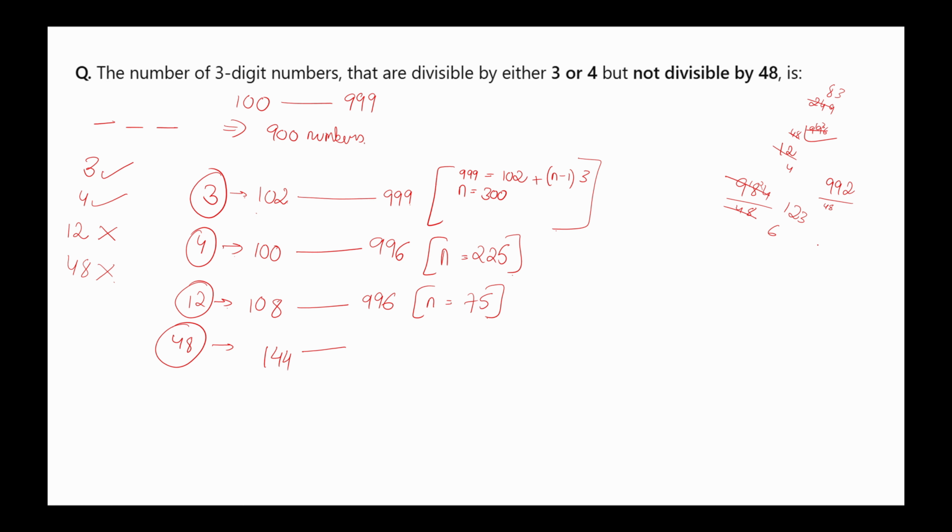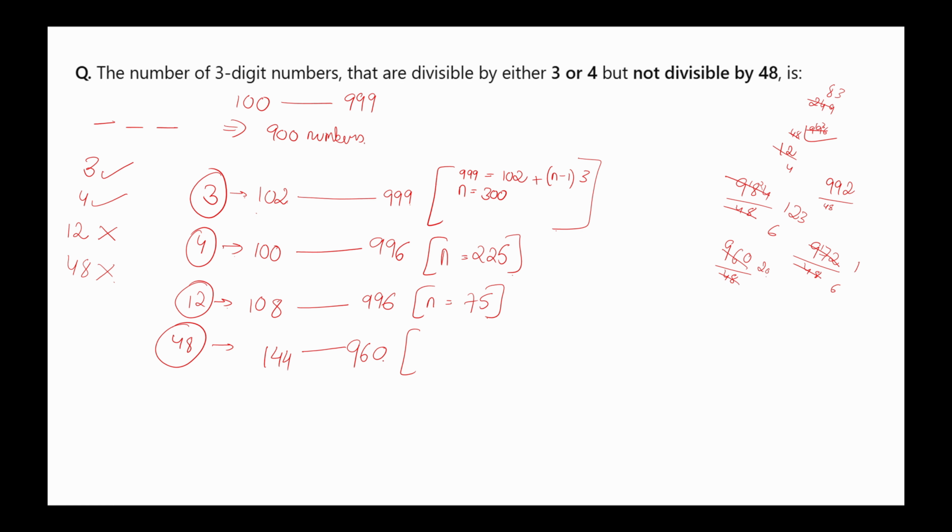So we would get 972 divided by 48. Again, it is not divisible, so this would become 960. 48, yes, this would do it 20 times. So we would have 960 as the last term.